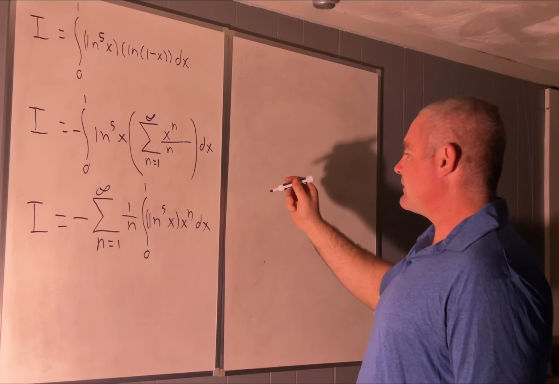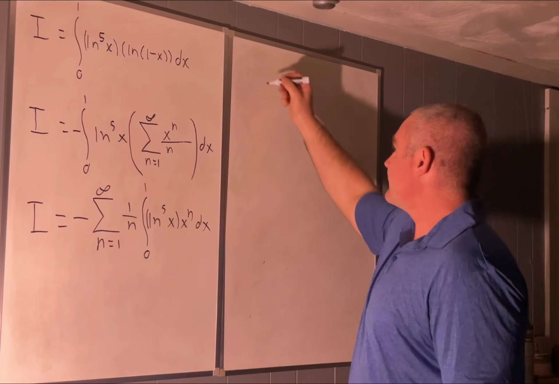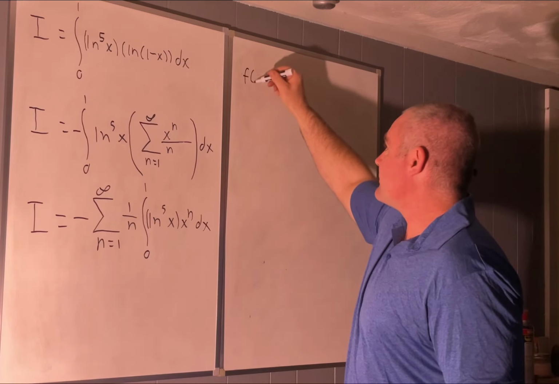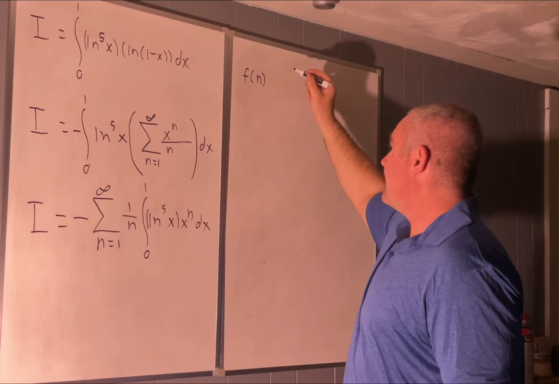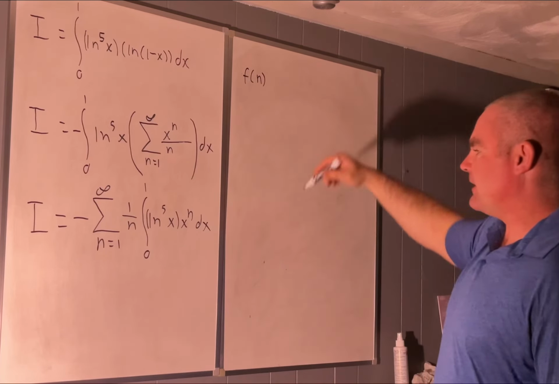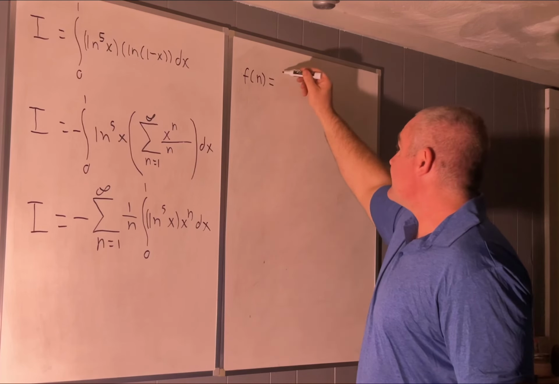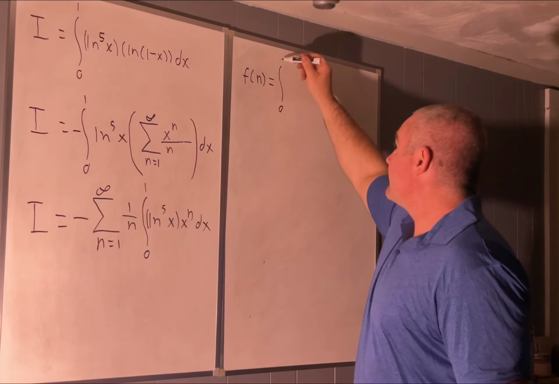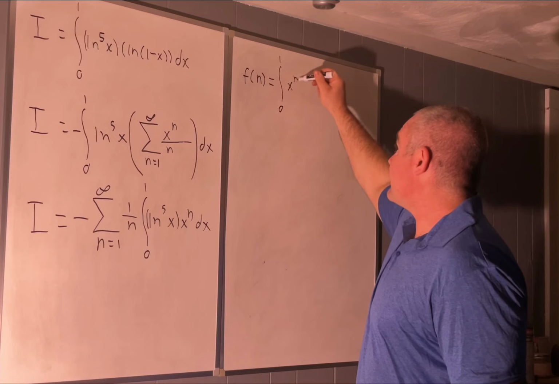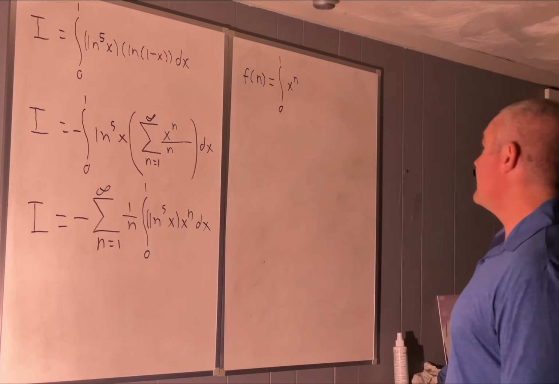And to start the process of solving this, we'll create a function. This time we'll create a function of n. I usually use functions of t, but you know, it doesn't matter. And we'll set this equal to the integral from 0 to 1 of x to the n.